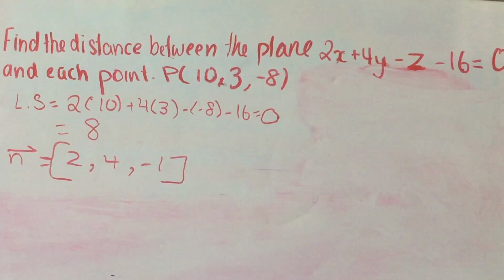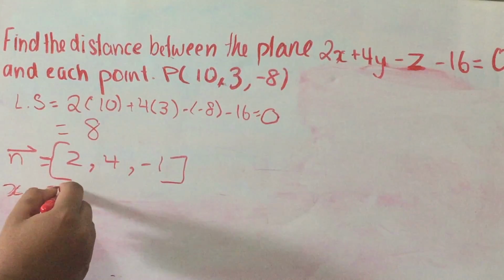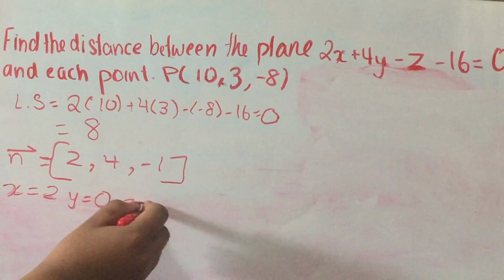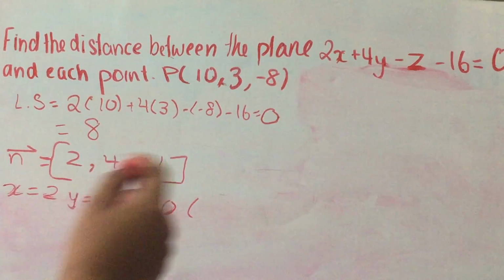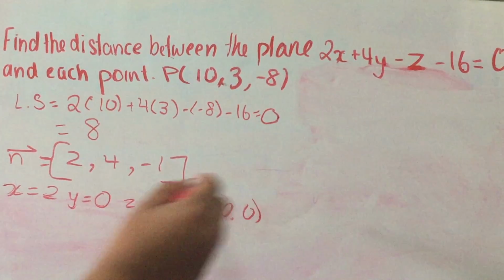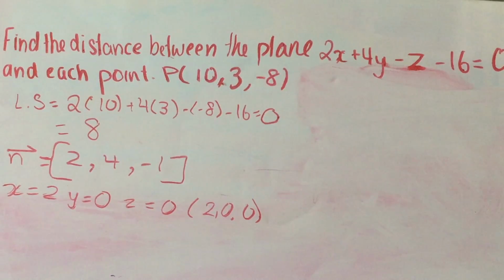So if x was equal to 2 and y was equal to 0, I would sub that into the equation and solve for z, and then z is equal to 0. And so our point would be 2, 0, 0.